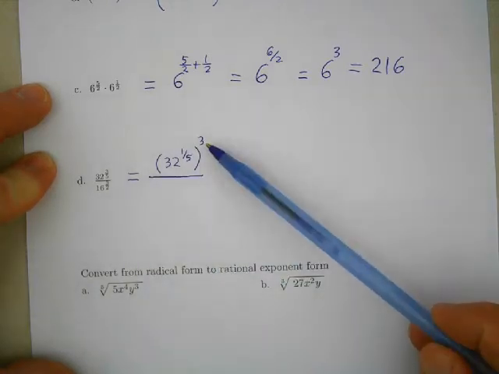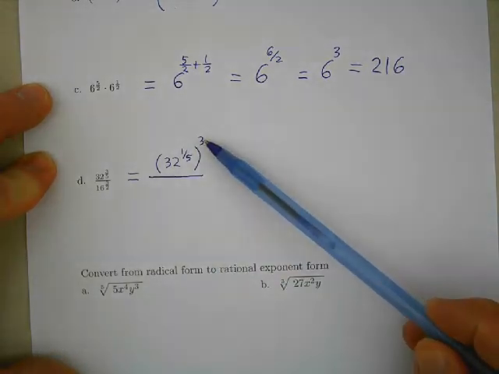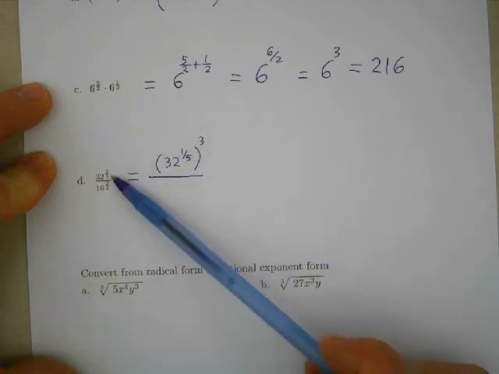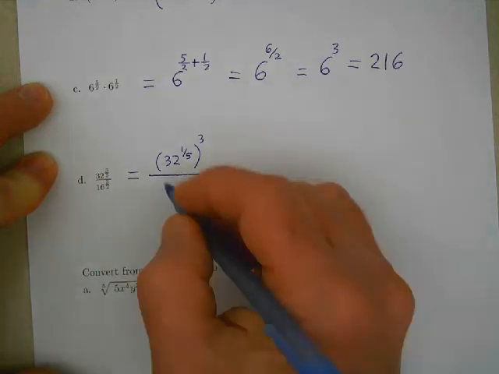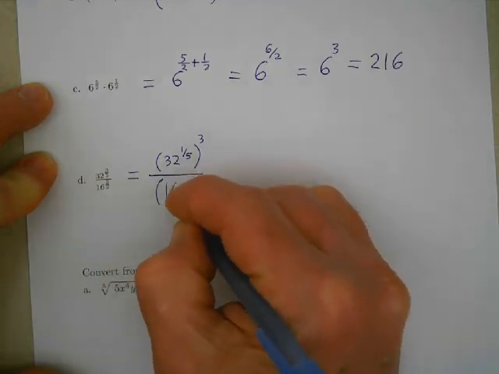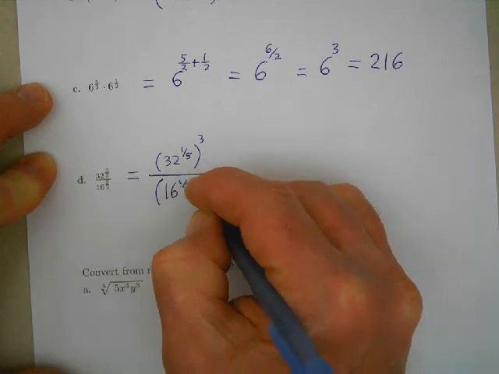And you can verify that this is correct because 3 times 1/5 is 3/5. And we'll do a similar type of thing in the denominator. 16 to the 3/2 is equivalent to 16 to the 1/2 to the third.